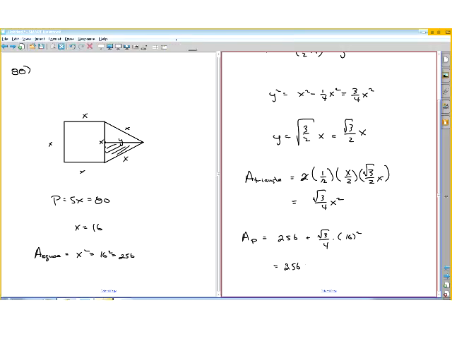Or, if we wanted to simplify this, the book shows it's 256 plus, well, 16 squared is 4 times 4 times 4 times 4. We cancel out one of those, and we end up with 4 times 4 times 4 left over, which is 64. So we'd have 64 times the square root of 3, which is the answer. So that's the area of the pentagon.